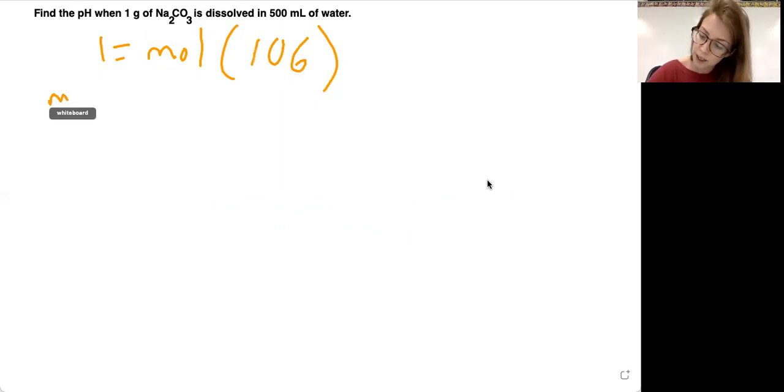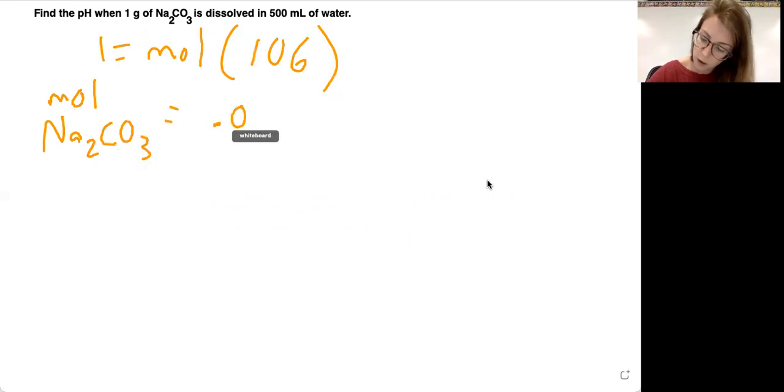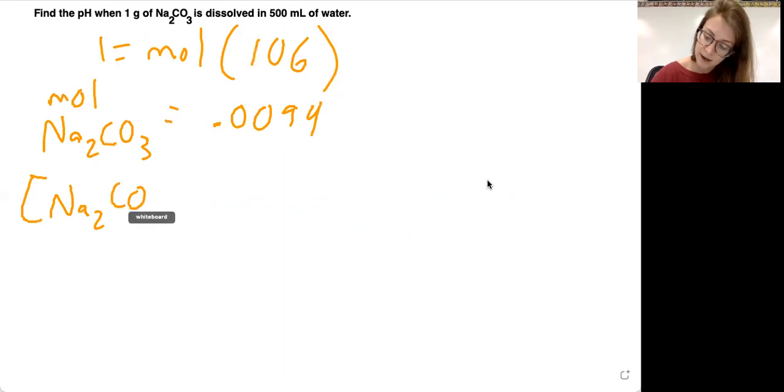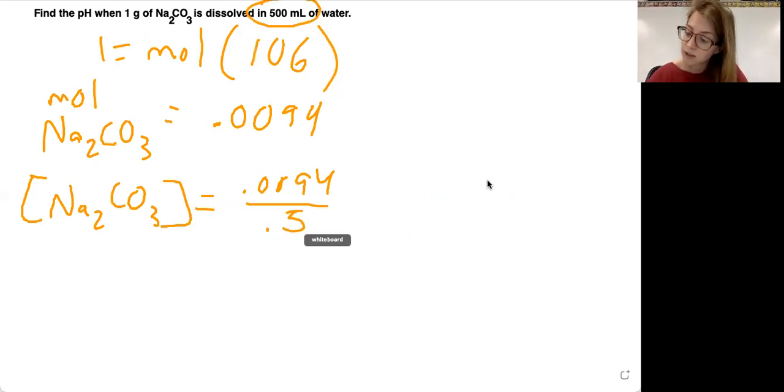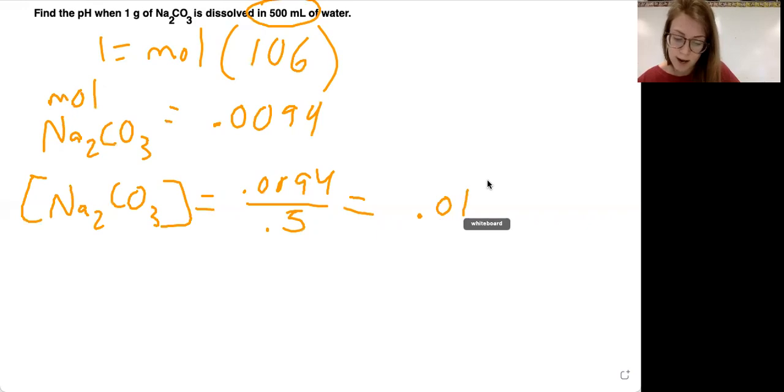So my moles of sodium carbonate is 0.0094. I can find my molarity of sodium carbonate by taking those moles over, let's see, 500 mL would be 0.5 liters. So my molarity of my sodium carbonate is 0.01886, 0.019.